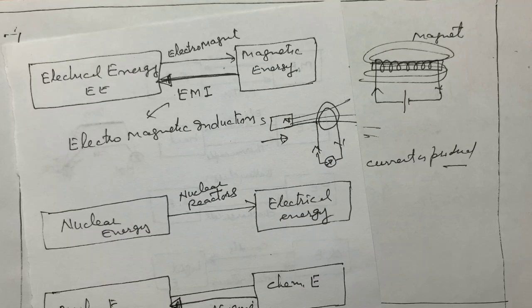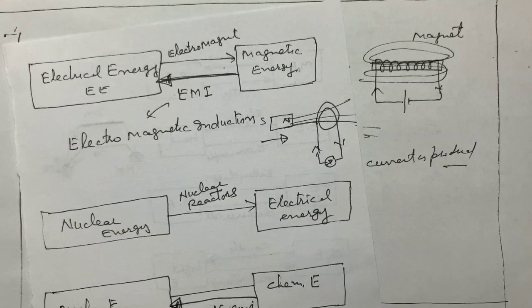How is mechanical energy converted into chemical energy? We can say that initially a generator produces electricity, and that electricity is used to charge a cell. So we can say that mechanical energy is also used to produce chemical energy.